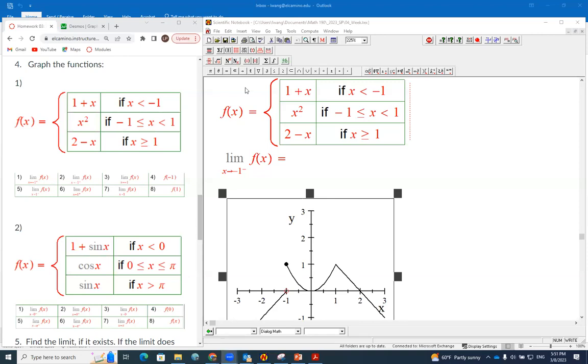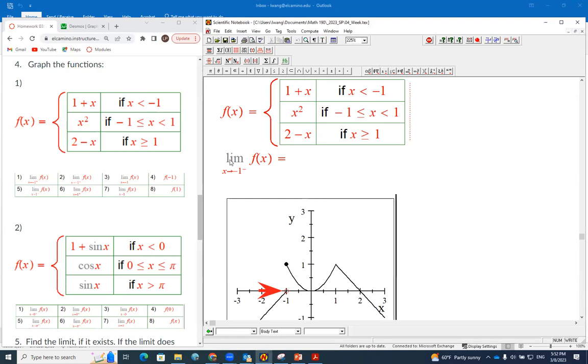Approaching -1 from smaller than -1 means x is less than -1. So we'll be using this rule.